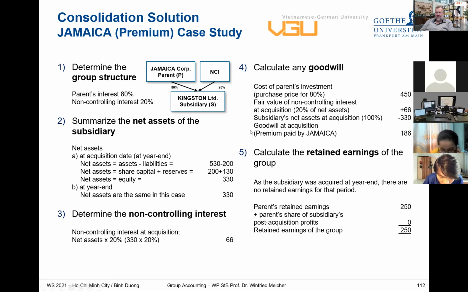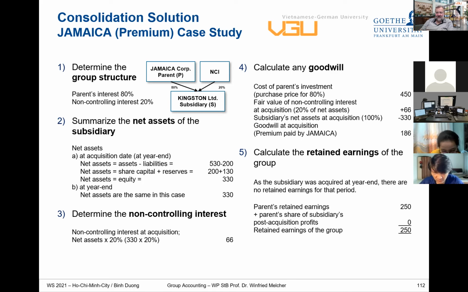So we start from the parent's retained earnings, and we will then add any benefit that is related to the shareholder. We would add that to the retained earnings, as the post-acquisition profits. We would allocate to the retained earnings of the parent, and that is then called the retained earnings of the group.